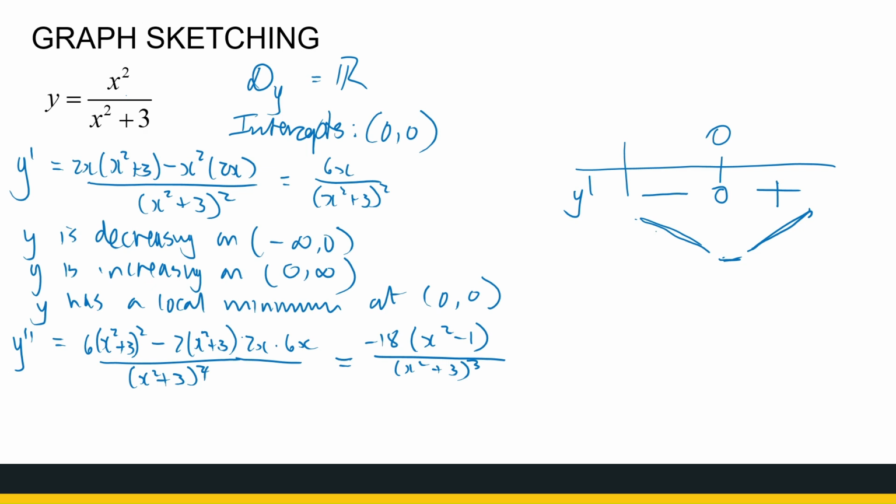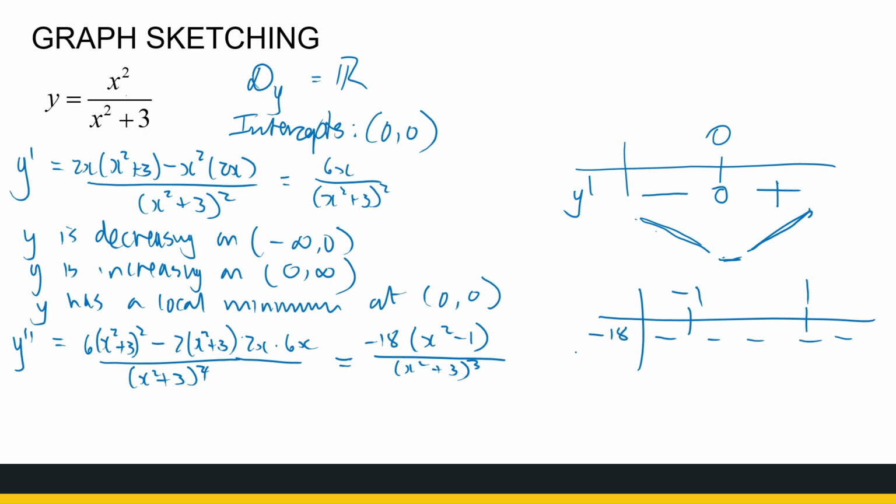All right. Now what critical values do I have there? What will make my numerator 0? That'll be plus or minus 1. And yet again, my denominator will always be positive. I've got an x squared plus 3 to the power 3, which is always positive, so I'm not worried about that. Minus 18 is always going to be negative, so let's not forget about the minus 18.